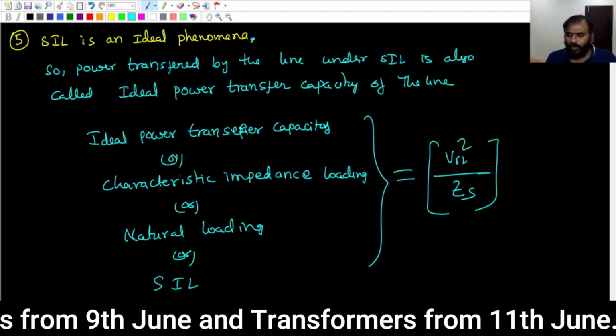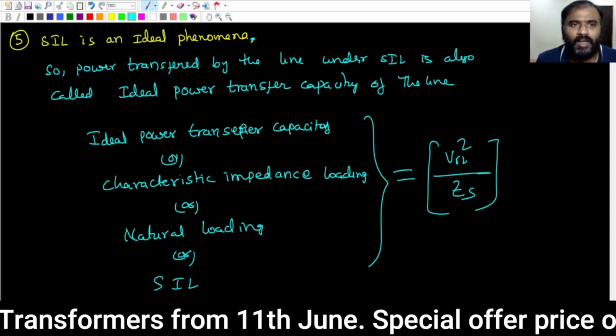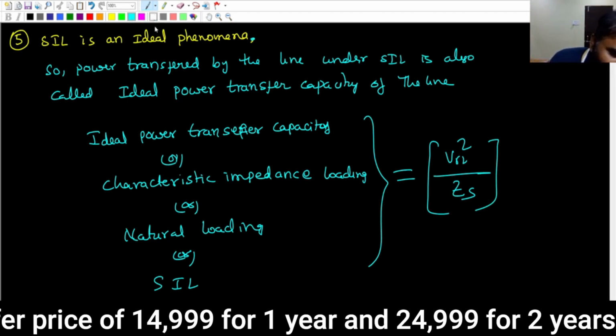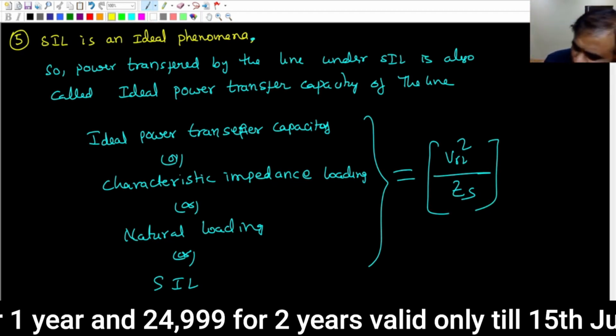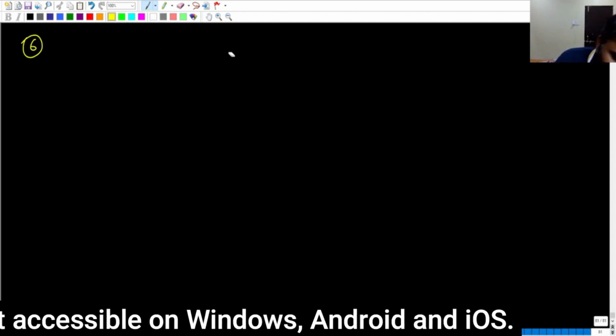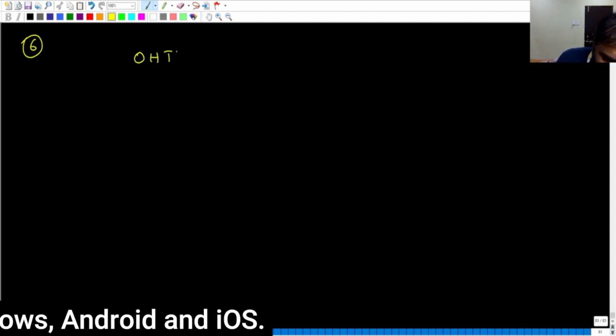Now we'll see the cable and overhead transmission line. What is the main difference between them? In the case of underground cable and overhead lines, what are the major differences? One side you write underground cable, the other side overhead transmission line.